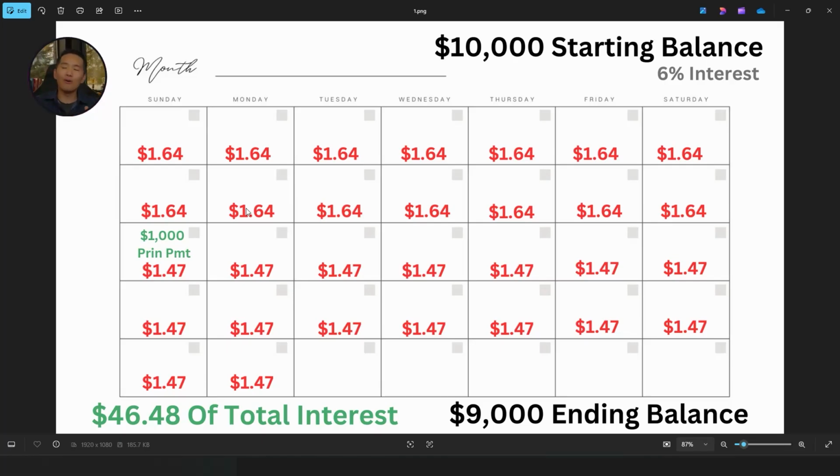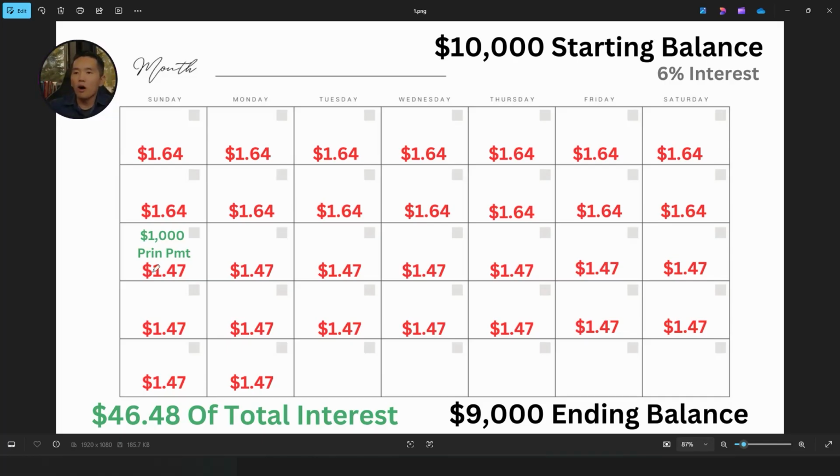That would be horrible, because that means that we would end up with a larger interest bill at the end of the month. So it's not compounding, okay? Just remember that. So $1.64 every day, all the way till, just like the mortgage example, okay, we make a $1,000 principal payment on this particular day right here, and that subsequently lowers our daily balance on the HELOC, which means that the interest is accrued on a smaller, or decreased, balance.